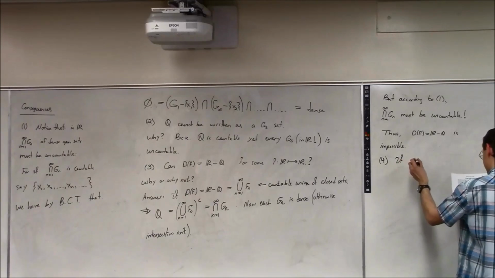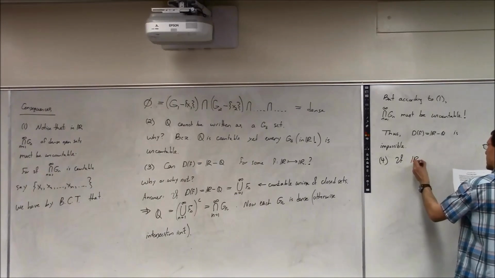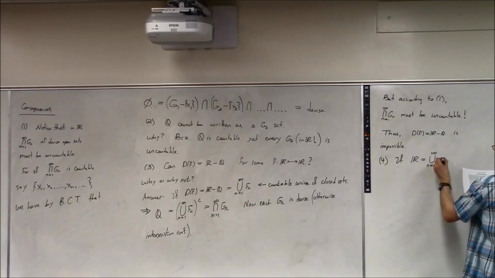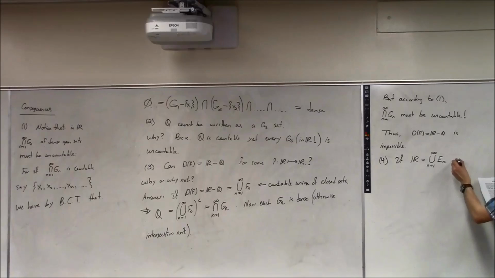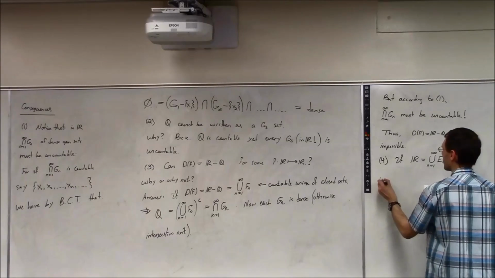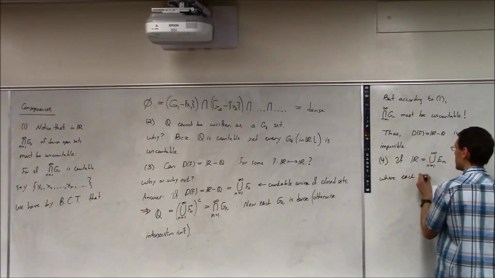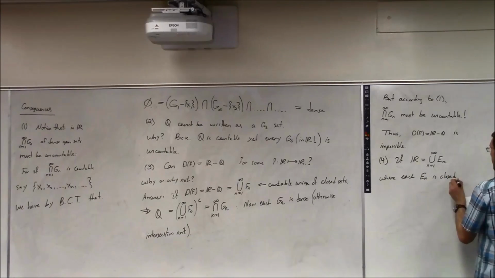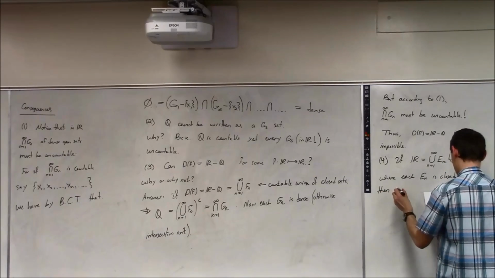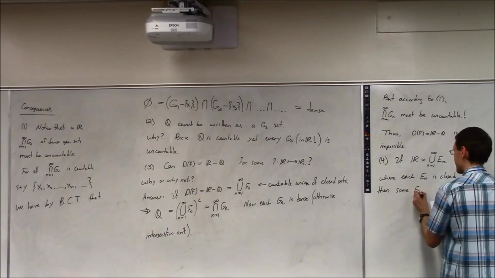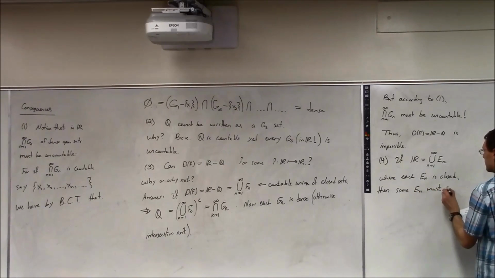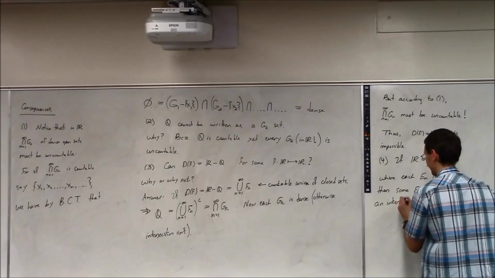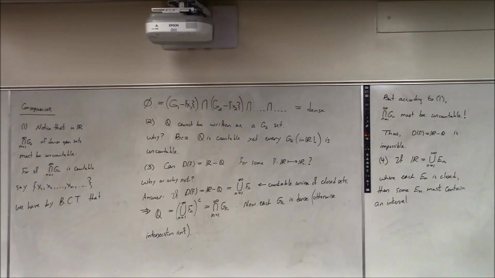If I can write R as a union of En, where each E sub n is closed, then some En must contain an interval. Then some En must contain an interval. Do you see why this is the case?